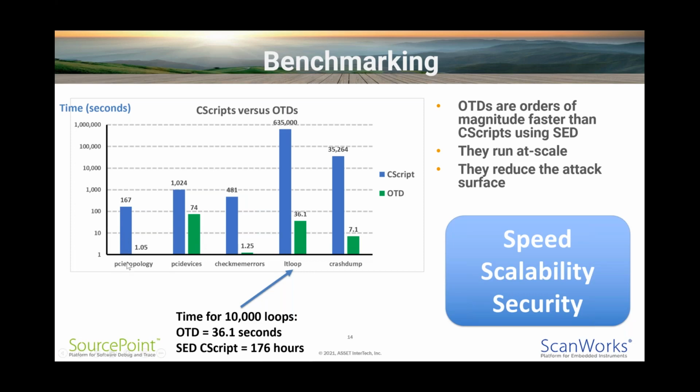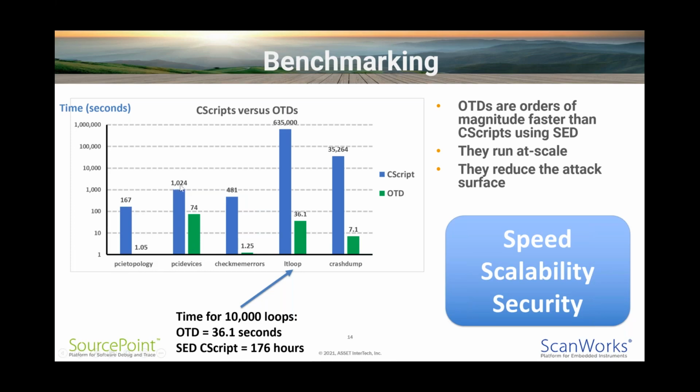For the PCIe topology, the CScript took 167 seconds to dump the whole thing, about 1 second actually for the on-target diagnostic. So a little over 2 orders of magnitude difference between the two. In other words, the OTD is 100 times faster than the CScript in this example.